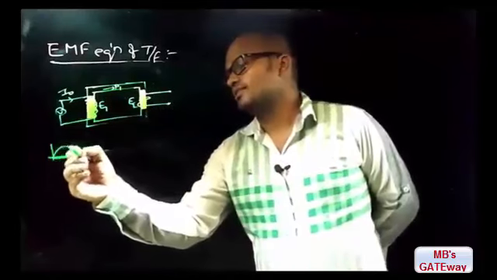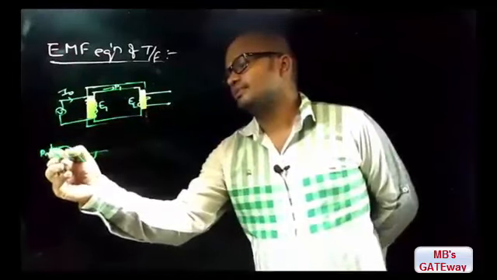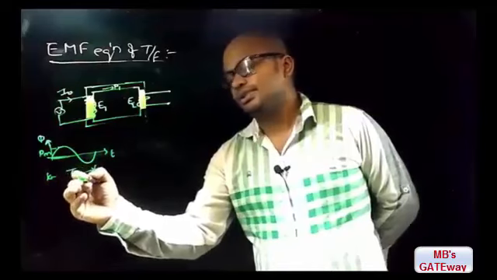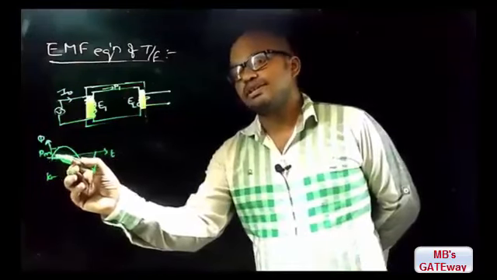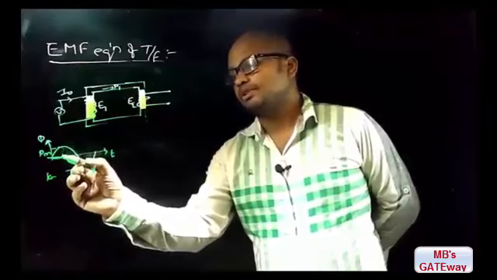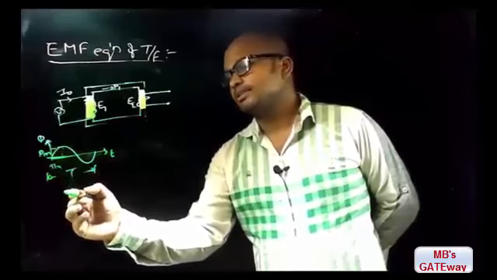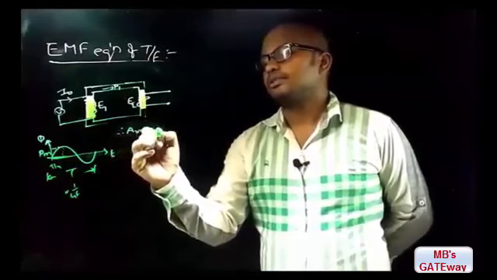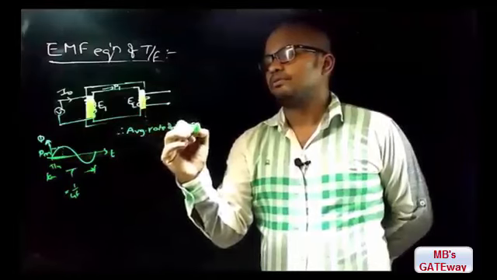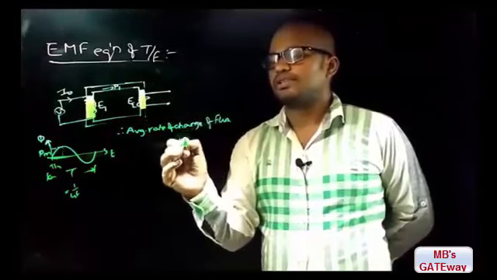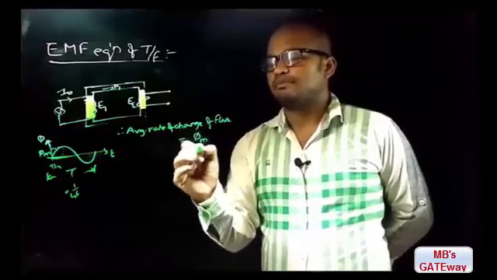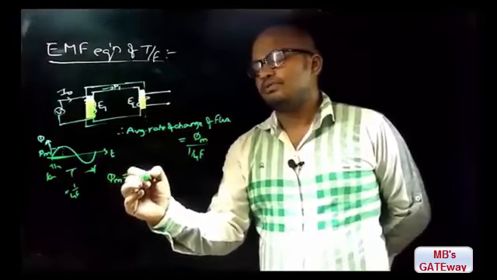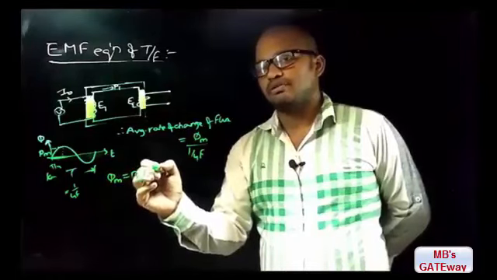Now the flux is of sinusoidal nature. Let this be the maximum flux phi m, and the time period be T. If you observe here, flux phi changes from minimum to maximum in T by 4 seconds, that is equal to 1 by 4f. Therefore, the average rate of change of flux is equal to the maximum flux phi m divided by 1 by 4f, where maximum flux phi m is equal to flux density into cross section of the core.